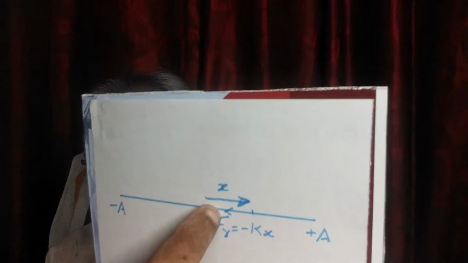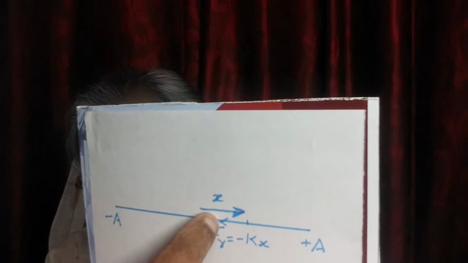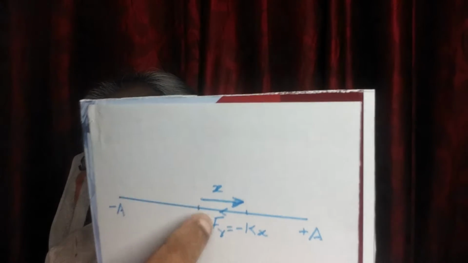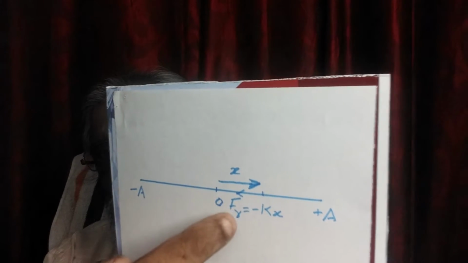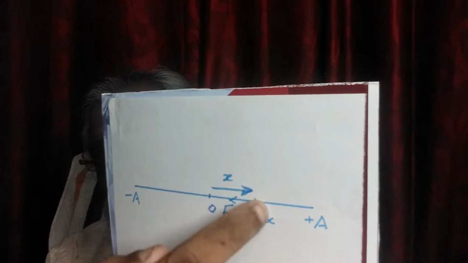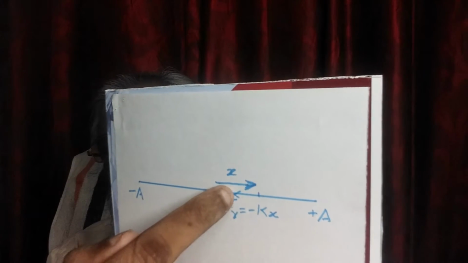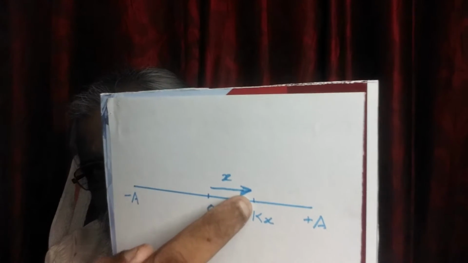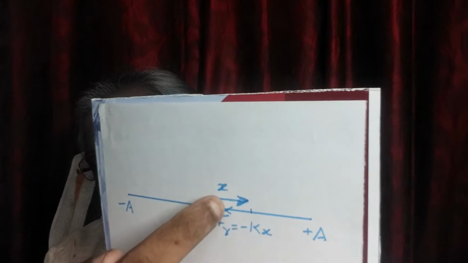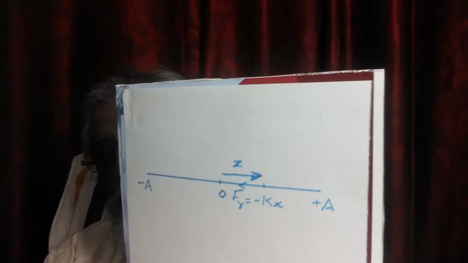As it moves to the right, a restoring force is developed within the spring system, and it pulls the load back. This restoring force is proportional to the displacement from the equilibrium position. As x increases, the restoring force also increases.